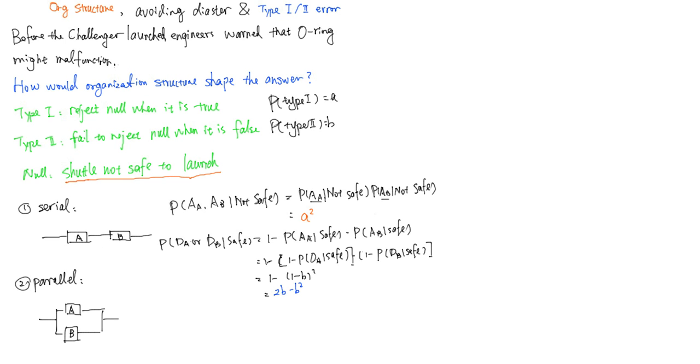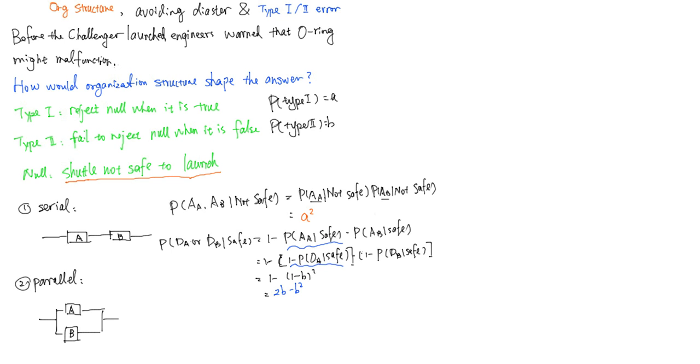So we write the event, and we notice that this is 1 minus the probability of both agents approving the launch when it's safe. We don't actually know this quantity, so we need to translate it into a quantity that we know, which is type 2 error, disapproving the launch when it's actually safe. These two events are complementary, so their probabilities sum up to 1.